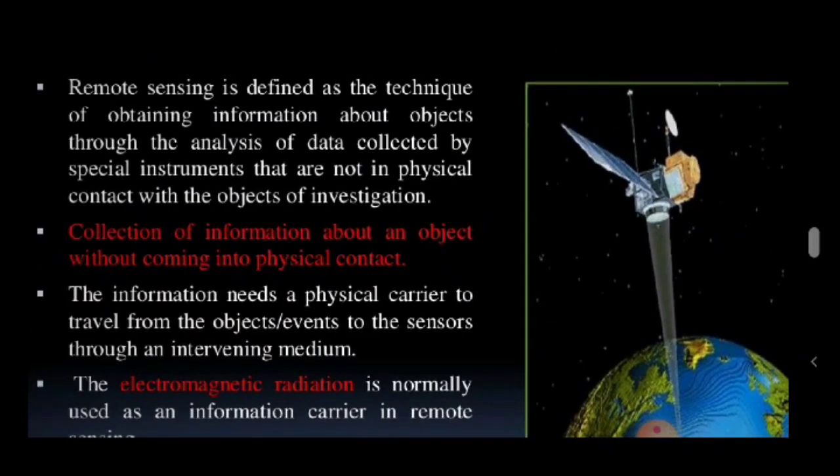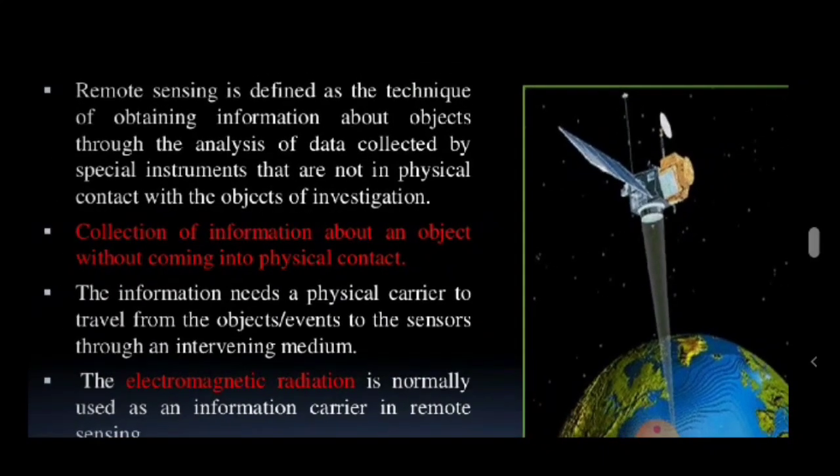Simply, you can say it is an object which is far away from you, so you can't be in physical contact with it, yet you need to acquire data or information from that object. You use the technical term remote sensing.